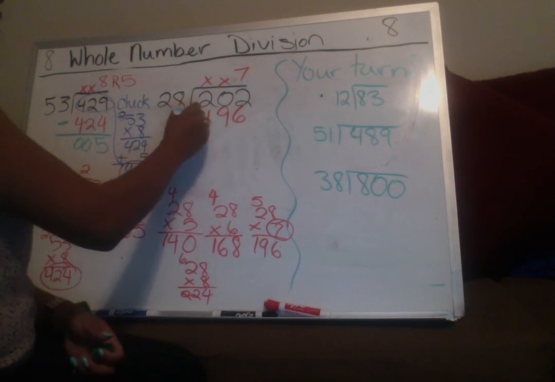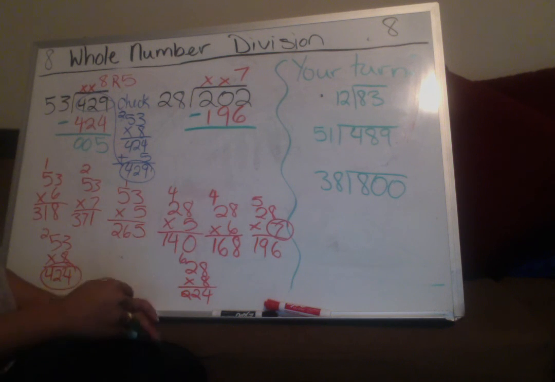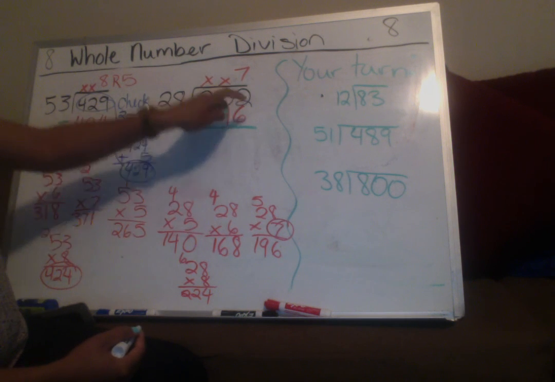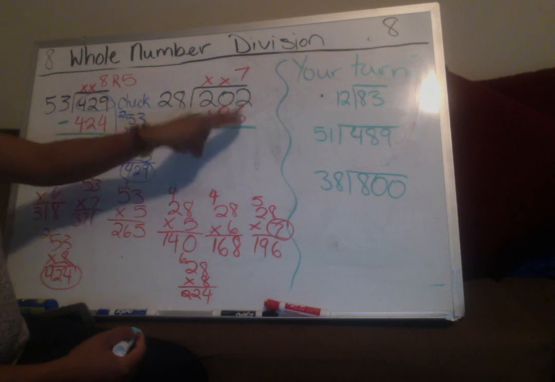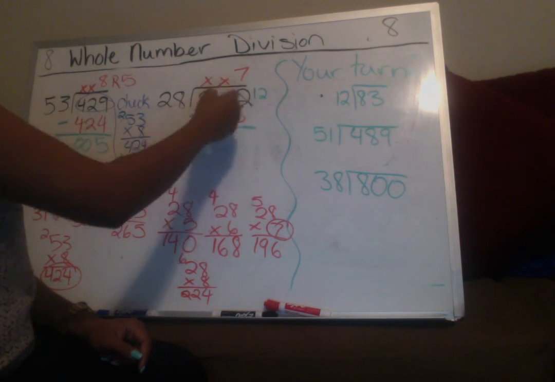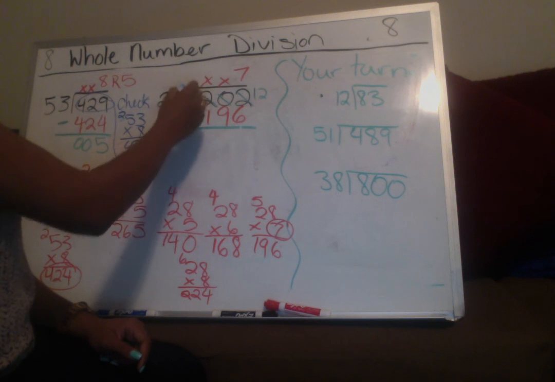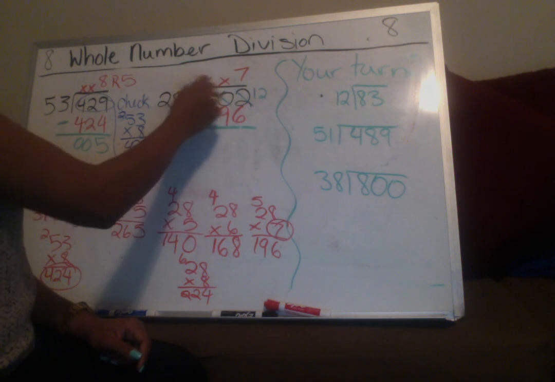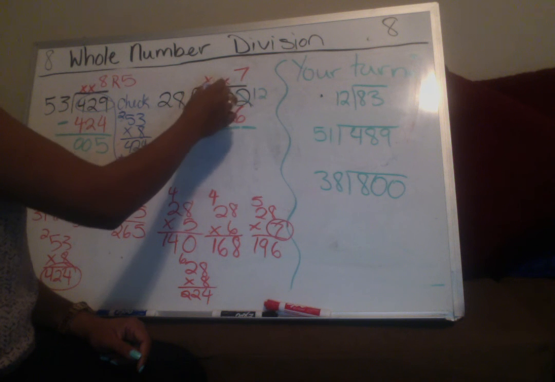Then we subtract. I cannot. Remember, we need big on top. Right now, our big is on the bottom. So that means I don't have anyone to steal from there, so I have to go one more over. 2 becomes a 1. I'm becoming a 9 because I was a 10, but I had to give to the 12.